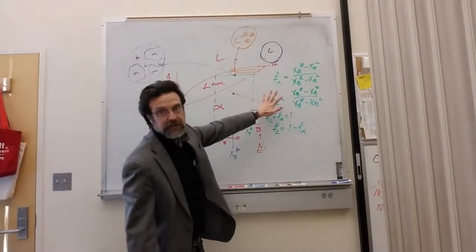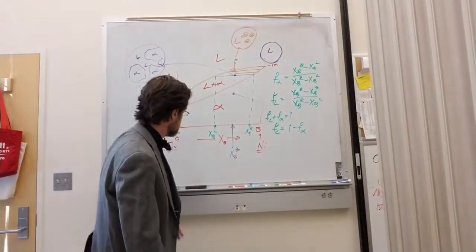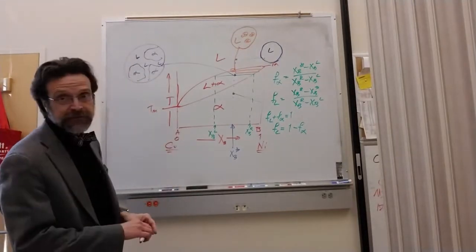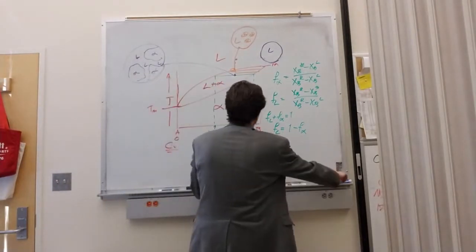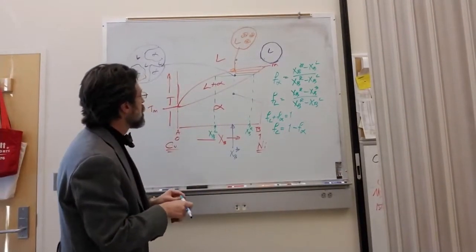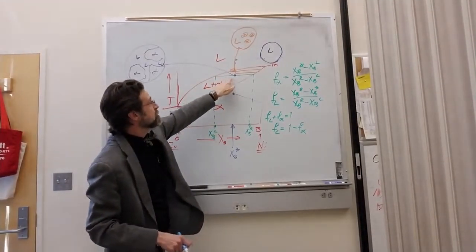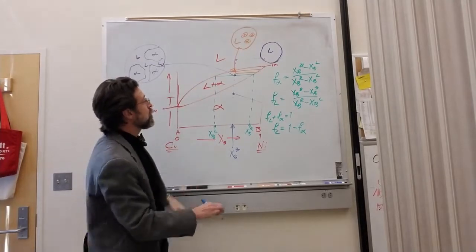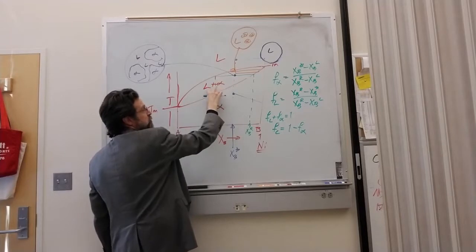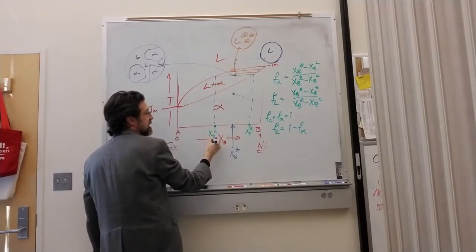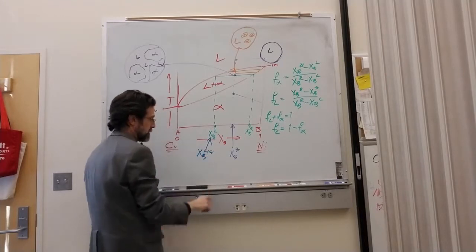So that's how you remember that we're using the inverse lever rule. So we have a way to identify the fraction of alpha and the fraction of liquid. We can now say, what is the composition? And the way that we read the composition is we simply look at where this horizontal line touches the phase boundary. So where our green horizontal line touches the boundary between alpha plus liquid and liquid, that gives us the composition of the liquid, XB liquid.